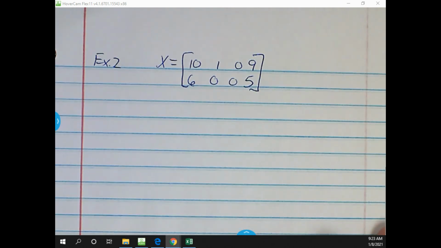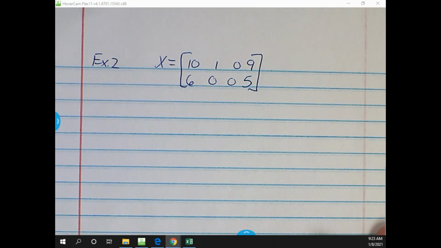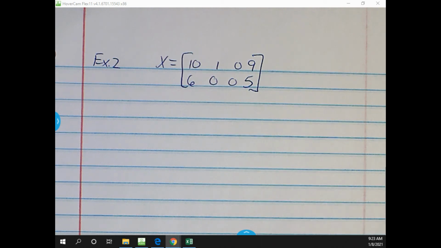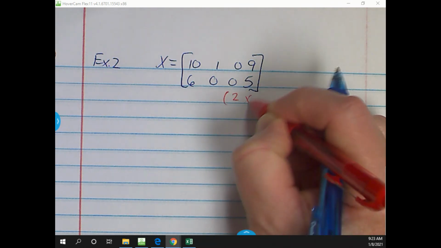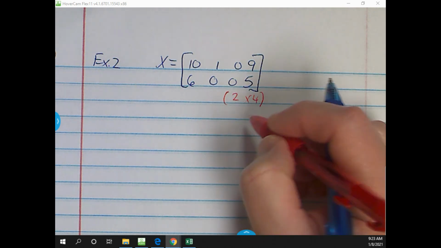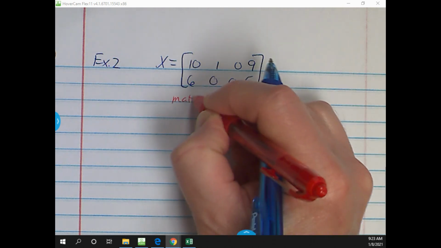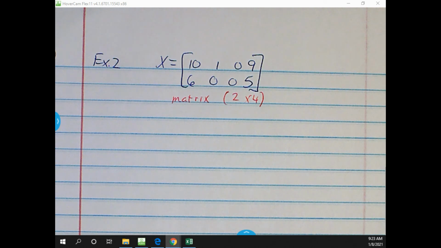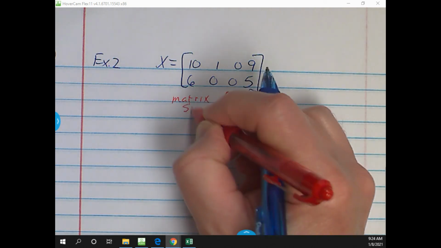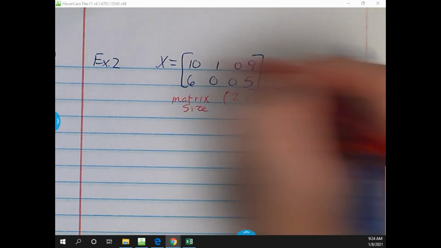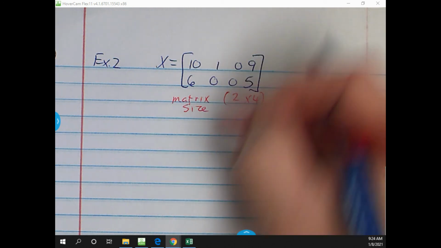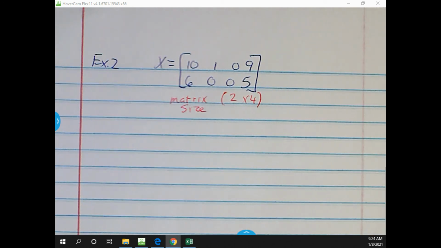Okay, so for example 2, matrix X is 10, 1, 0, 9 for row 1, 6, 0, 0, 5 for row 2. And underneath that, if you want to make sure, this would be a 2x4 matrix, because you've got 2 rows going this way, and you've got 1, 2, 3, 4 columns. So it's a 2x4 matrix.